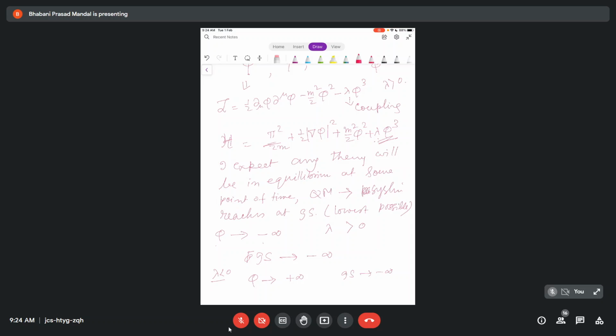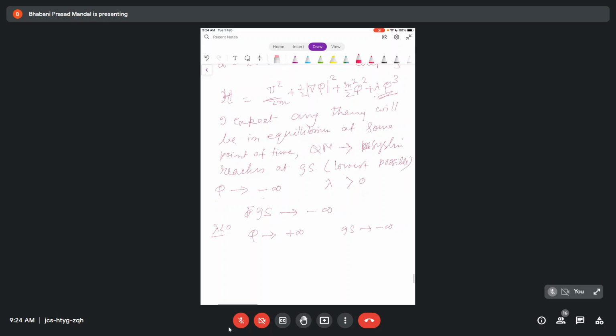So if I take an odd power of phi as my interaction, for example phi cubed, phi 5, phi 7, then this problem will happen. There is no lower bound. This situation is technically called no lower bound of the system. That means no ground state of the system. And in quantum theory, if there is no ground state, then the particle will not be stable.